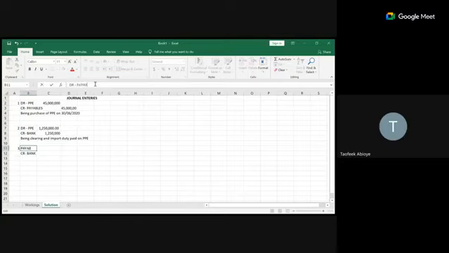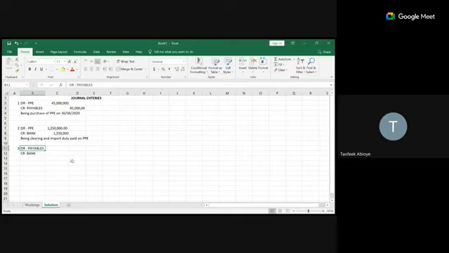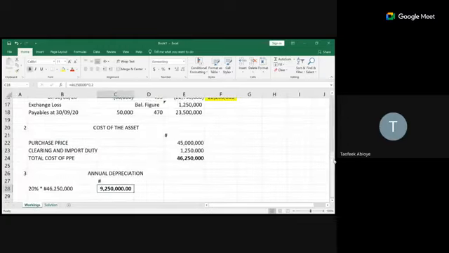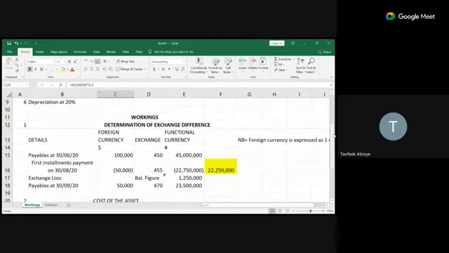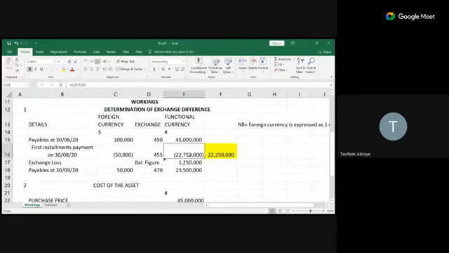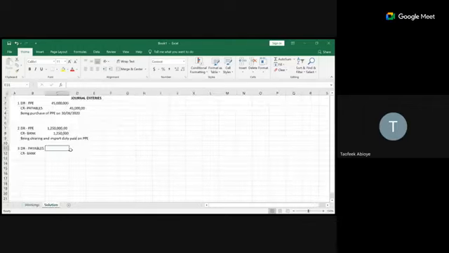Accounting entries, I know some people will be looking at me like, it's not something very difficult. Accounting entry is straightforward. We will debit payables and we will credit bank. On 8th August, how much did we pay? Let me link it.